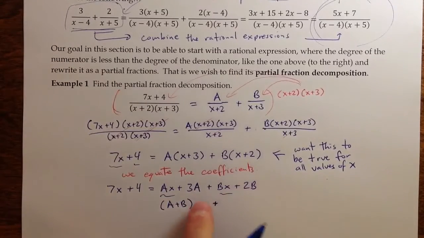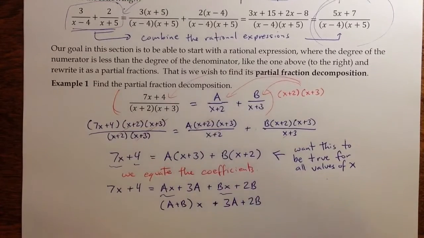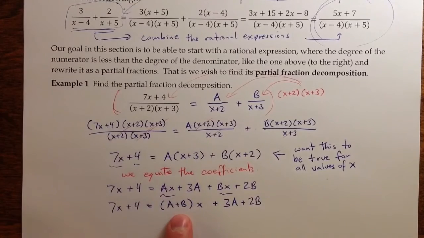And then what's left is going to be a constant amount, because A and B represent constants. So we get 7x plus 4 is equal to A plus B times x plus 3A plus 2B.